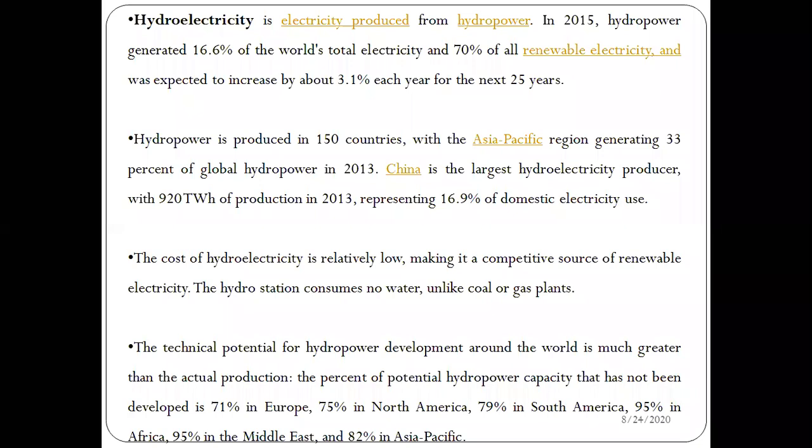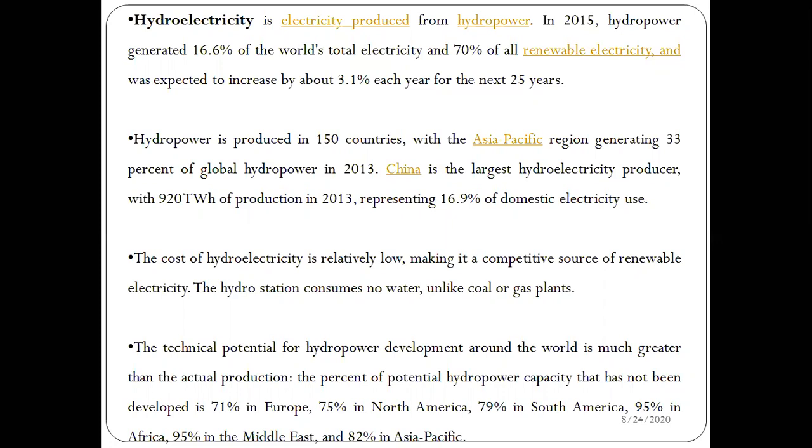That means this data is according to 2015: hydropower takes about 16.6% of world total electricity production, and 70% of renewable electricity, and was expected to increase by about 3.1% each year for the next 25 years.